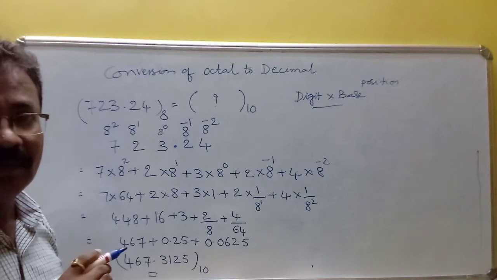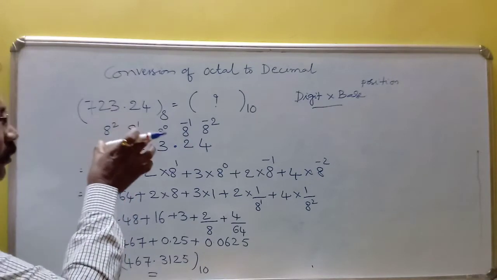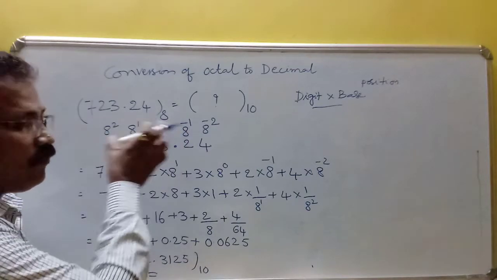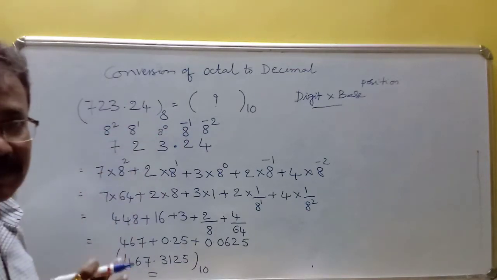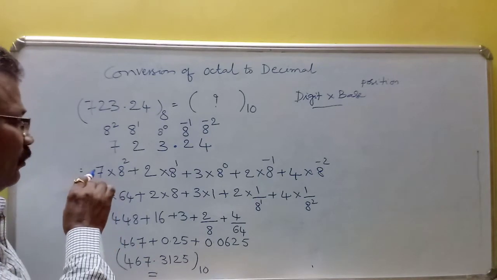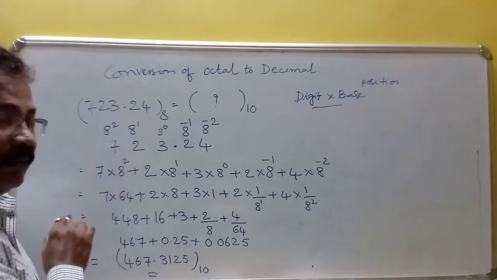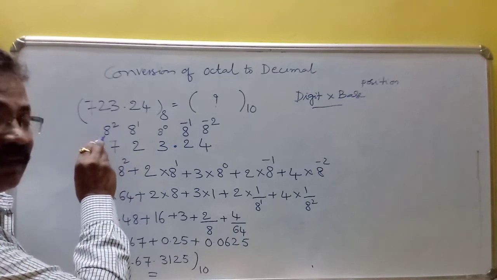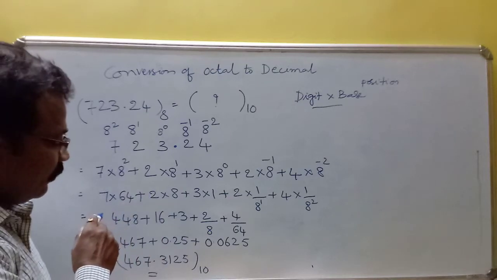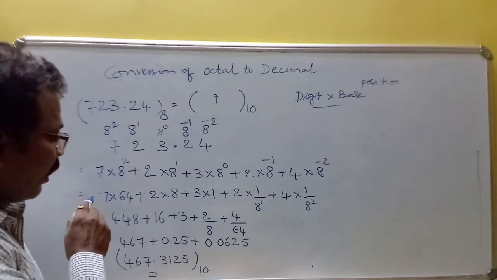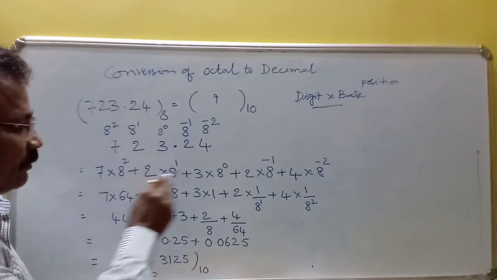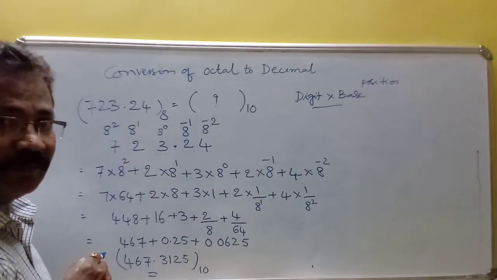I repeat again. First, mark the positional weights of each and every digit, and then multiply the digit with its positional weight, and next add all these values, that is digit into positional weight of the given number, and simplify.